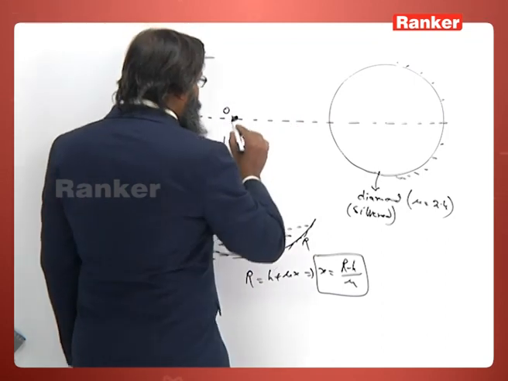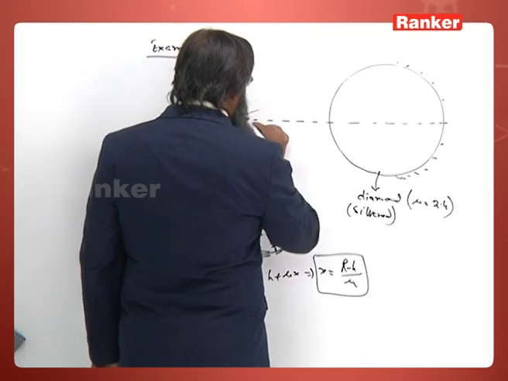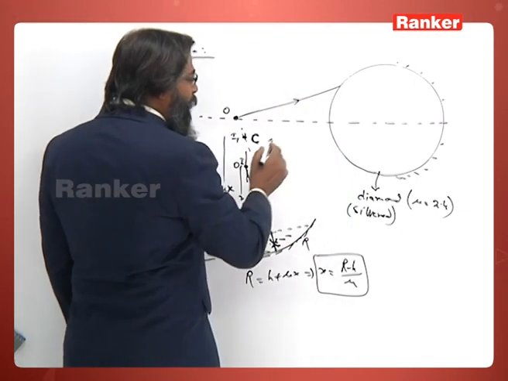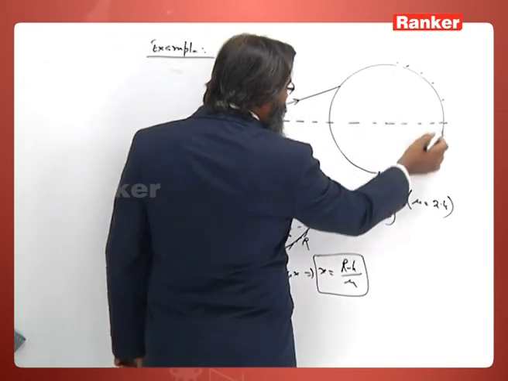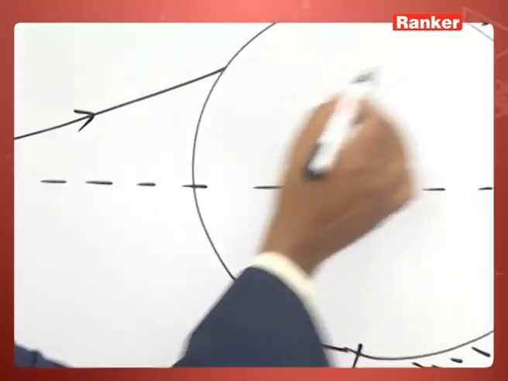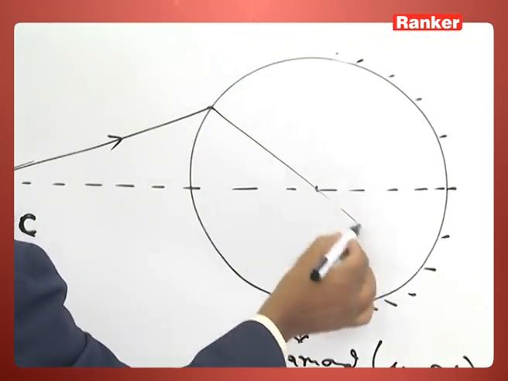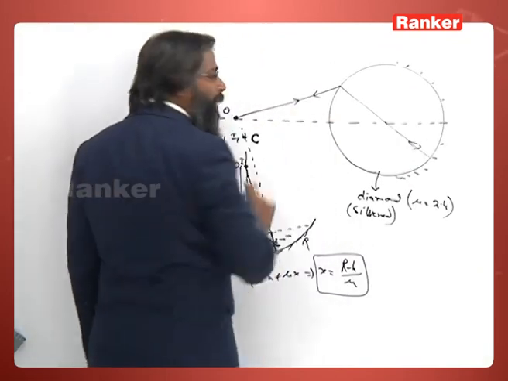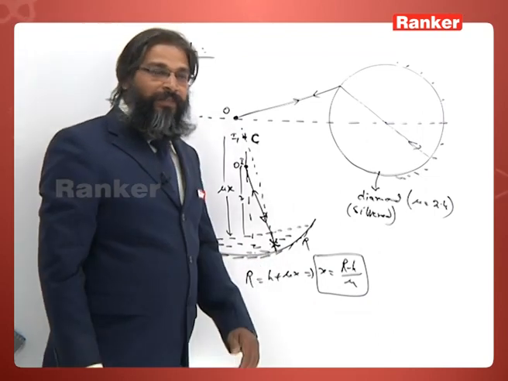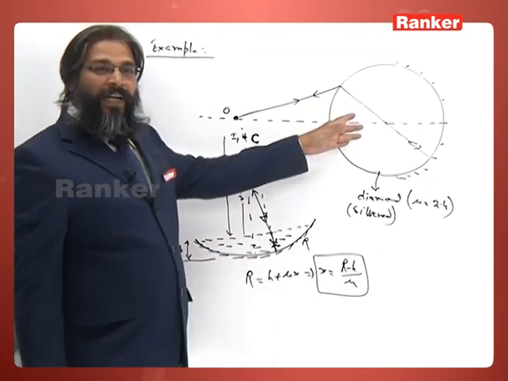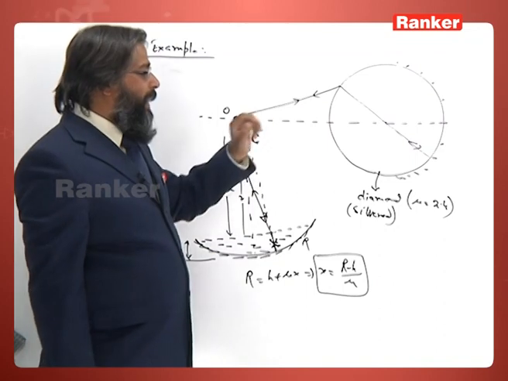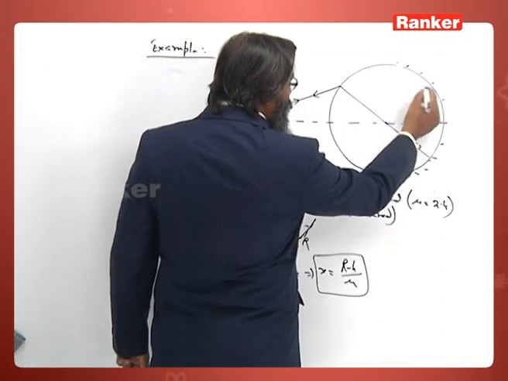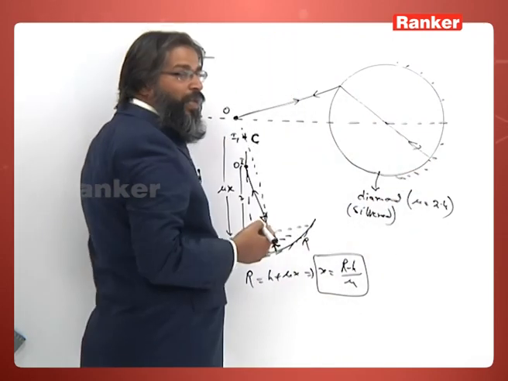Sometimes we think that if this ray after refraction passes through the center of curvature of this reflecting surface, then it will retrace back and the image is formed. So, we are using this idea directly here, but there is a trouble. You see, this normal is normal to this surface as well as this surface.